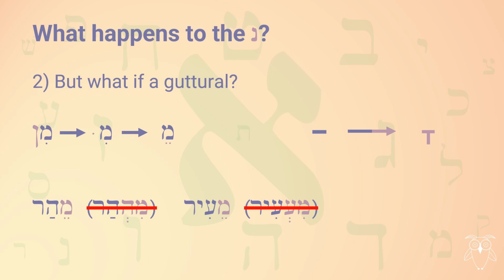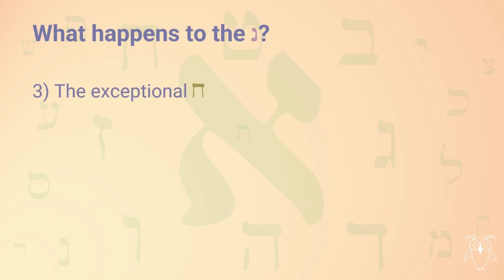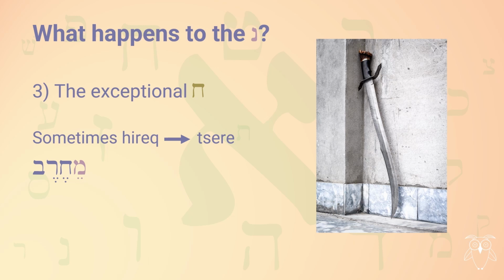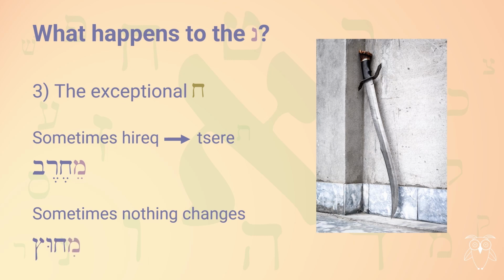Now there is one exception here, and that is the chet. Sometimes the chet happily follows the same rules and allows the hirek to turn into a tzerei, like for example, mecheref, from a sword. But at other times it just completely eats up the nun without leaving a trace. Michutz, from outside.